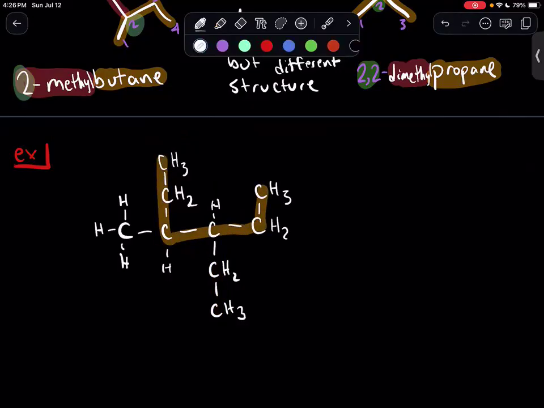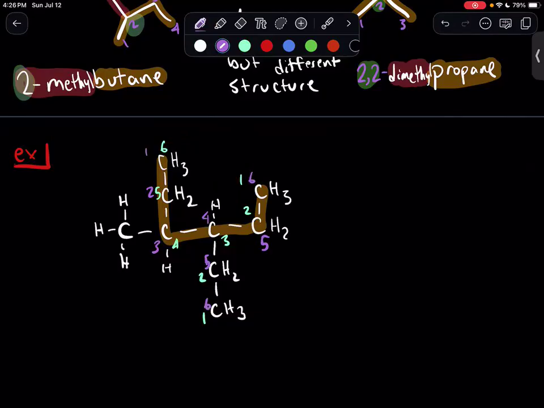What I notice in both of these is that if I start numbering my carbons, 1, 2, 3, 4, 5, 6, or if I number backwards, I might have 1, 2, 3, 4, 5, 6. And this would work either way, whether I'm starting from here or going down.